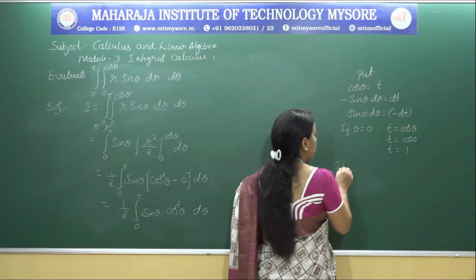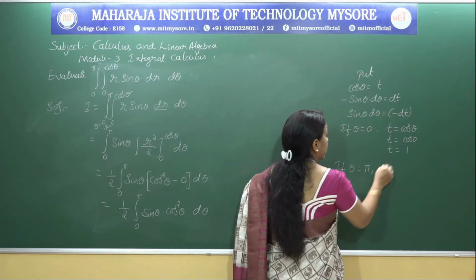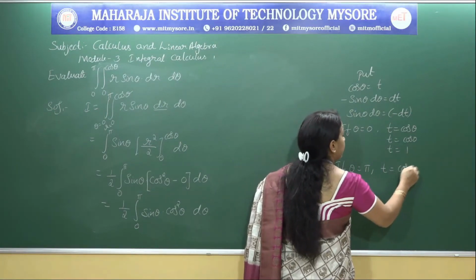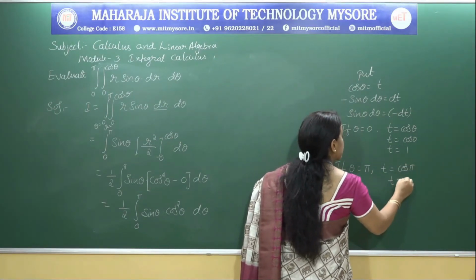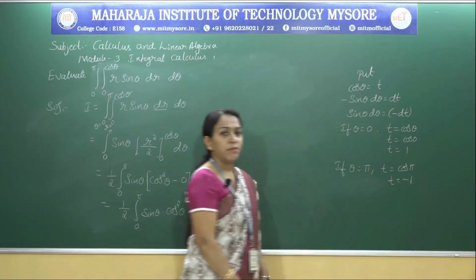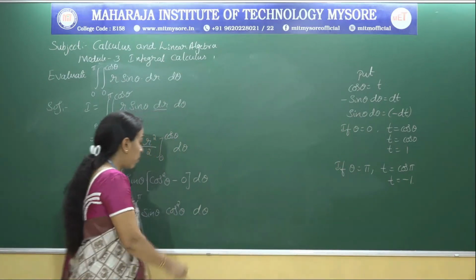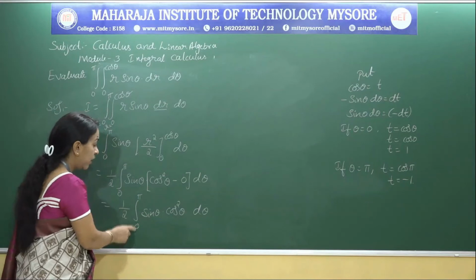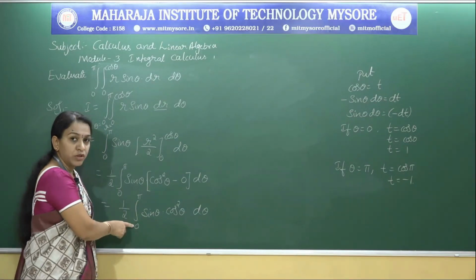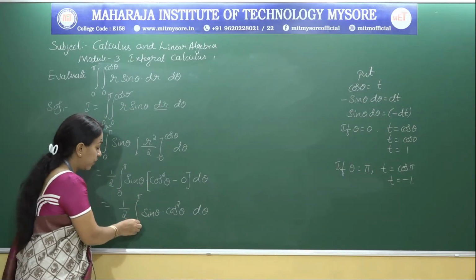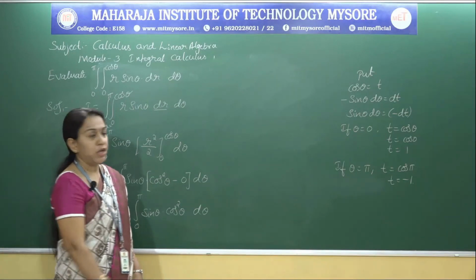And if theta is equal to pi, then t equals cos pi. We know that cos pi is minus 1. So we have to change everything, including the limits, from theta to t.